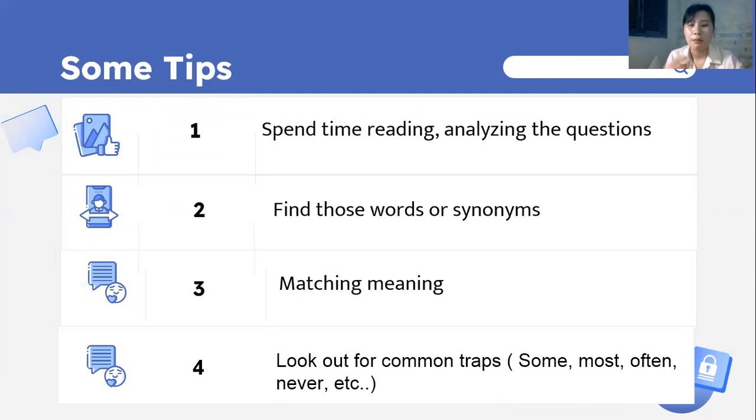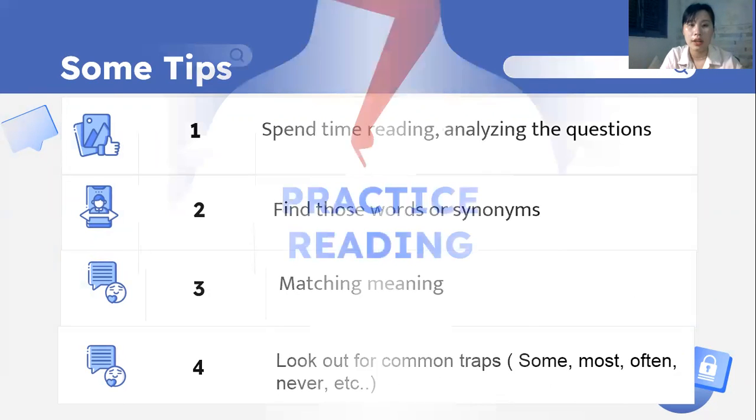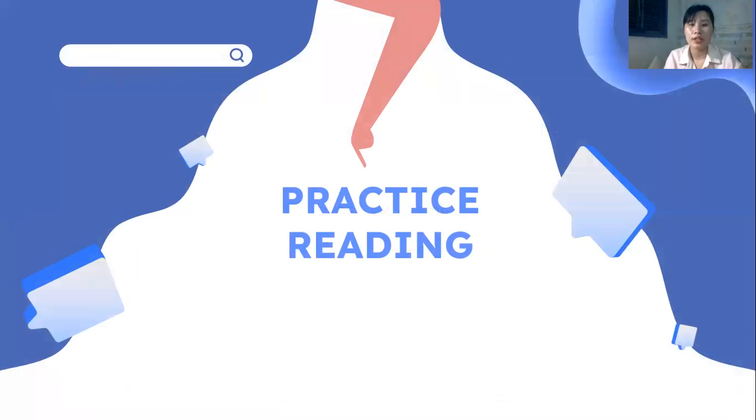Because I think most of you usually forget some words, and this is the reason why you get a wrong answer and get no point for this question. So be aware of words that can change the meaning of the sentence, like some, more, often, never, etc. Right. So now it's time for practice reading.